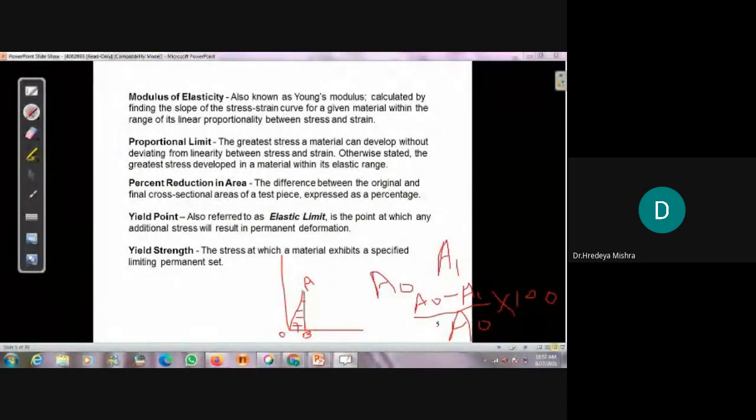That is the percentage reduction in area.